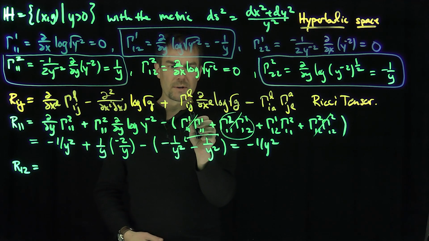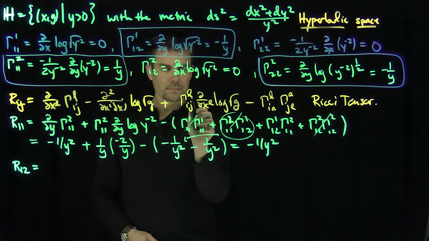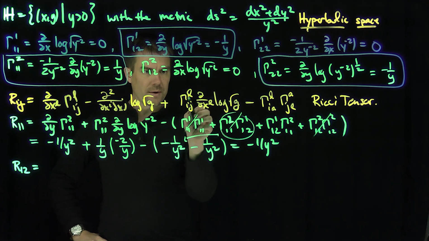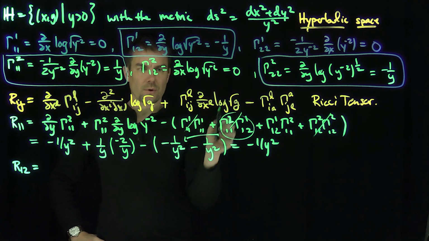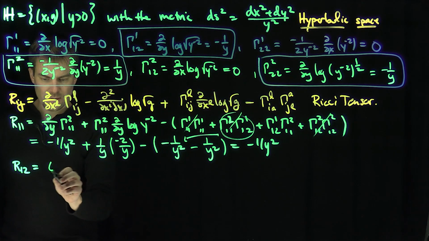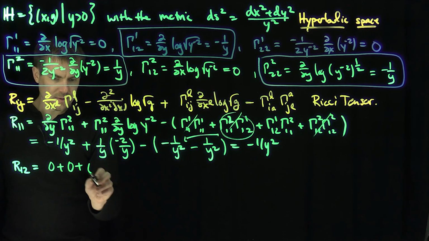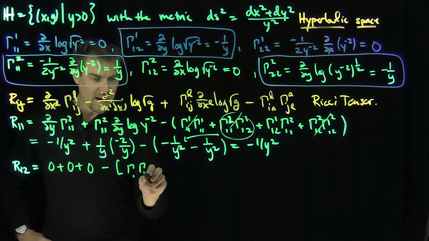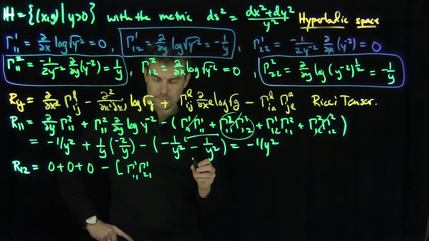So again, I'm going to need gamma to be equal to 1 over here, right? So what will happen is if I have gamma equals 1, I'll have a partial with respect to x, and so that will be 0, again gone. Let's start with these last couple terms. So I have 0 plus 0 plus 0, and then minus, I'll have a gamma 1, a gamma 2. I could do a 1, 1, 1, 1, like that.